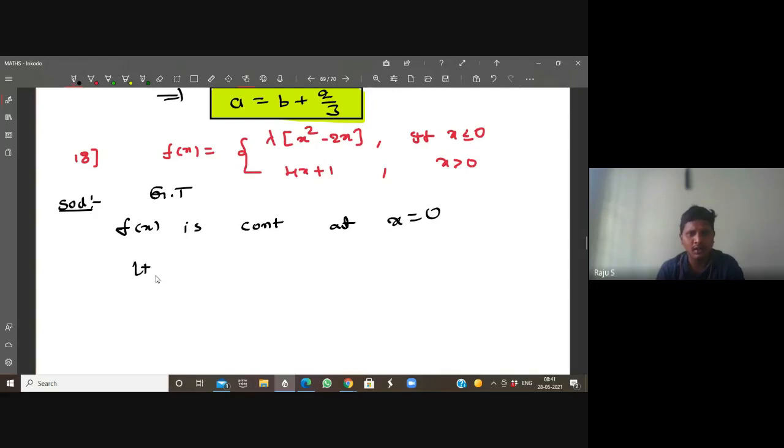Now write that limit x tends to 0 minus f of x will be equal to limit x tends to 0 plus f of x, that is equal to f of 0. So we can use this formula, right?